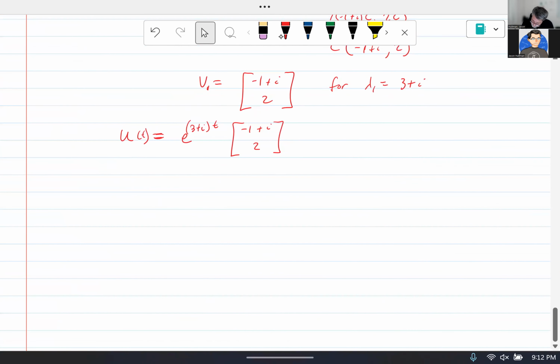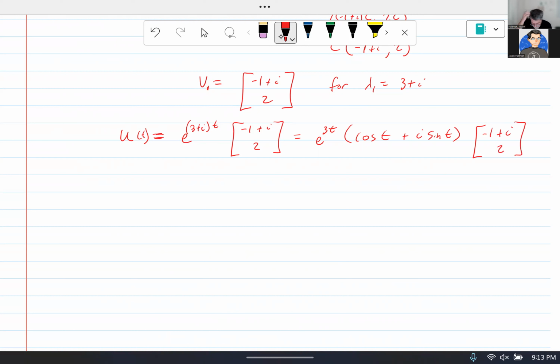The way that I do that is using Euler's formula. So this is e to the 3t times the cosine of t plus i sine of t times the vector -1 plus i over 2.